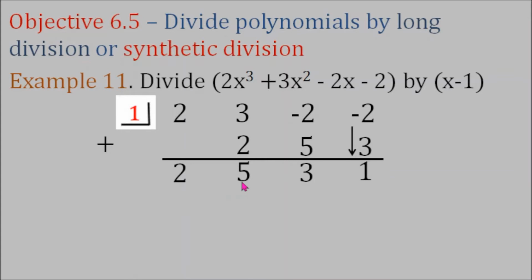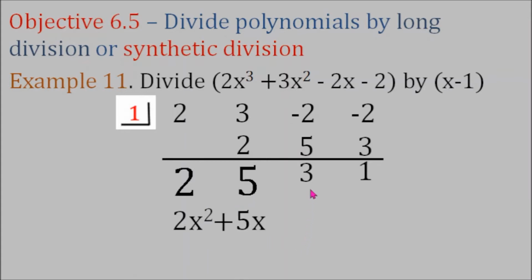So what do these numbers mean? This 2 is just the coefficient of the quadratic term. So that's 2x squared. Notice here that our degree is less than the degree of our dividend. And this 5 here is the coefficient of the linear term. So that's plus 5x.